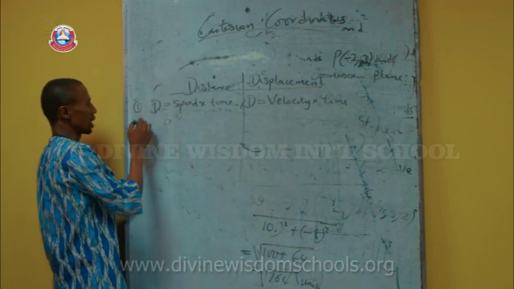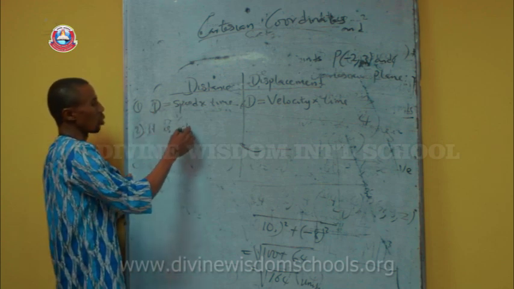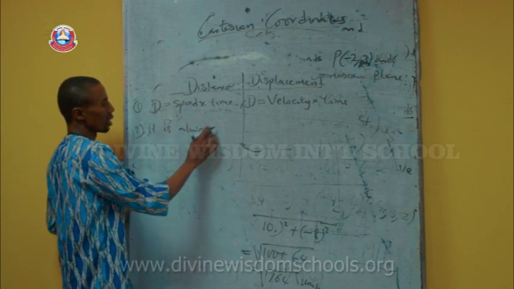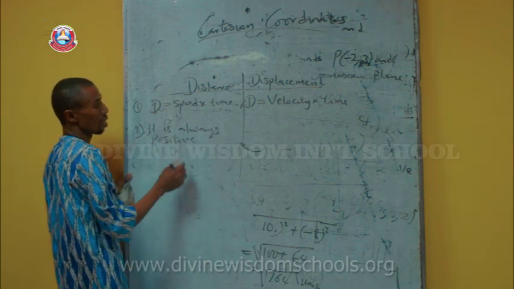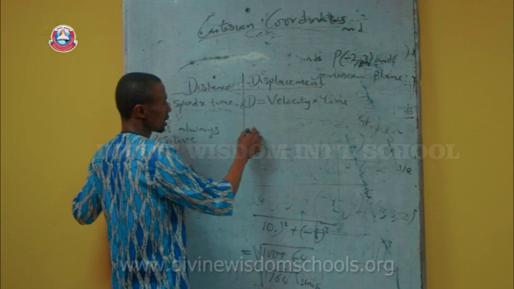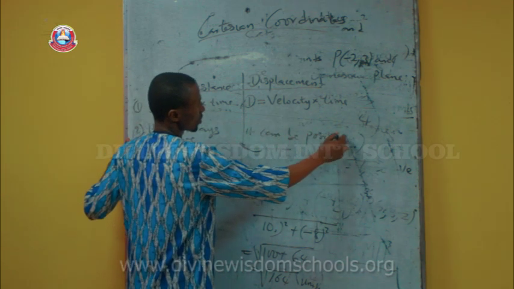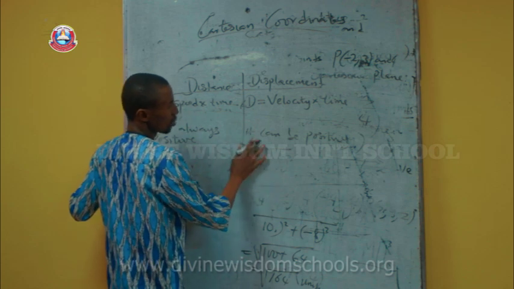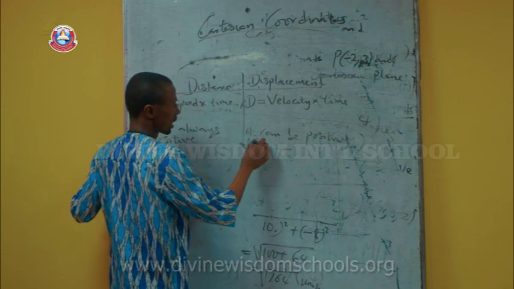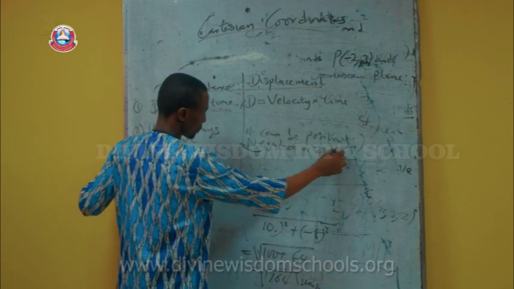Another difference is distance is always positive, while displacement can be positive, negative, or zero.